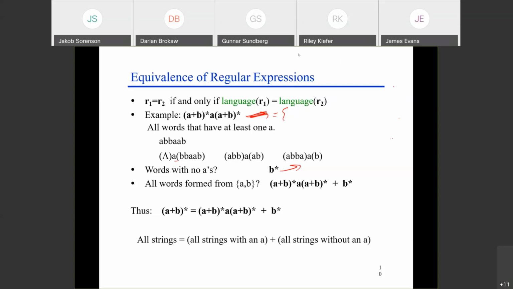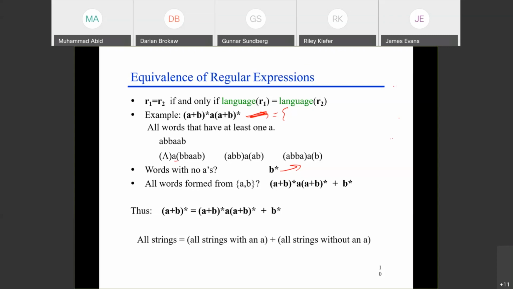James Evans, which word is not in this language? Like BBB would not be there. Yes, only those words composed of just B's, either one B or as many B's, with no other letter. So A will not. But other than that, it has all possible words.